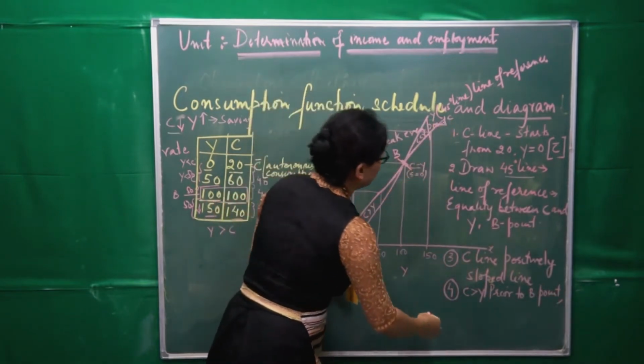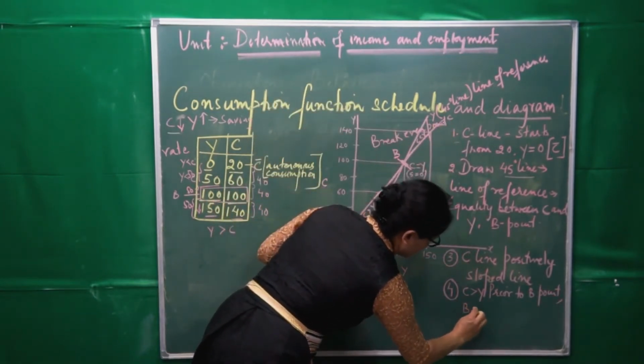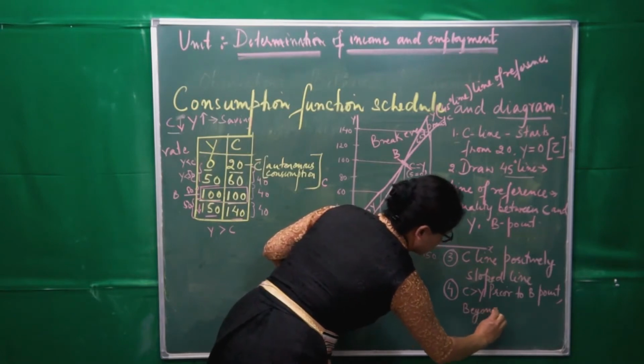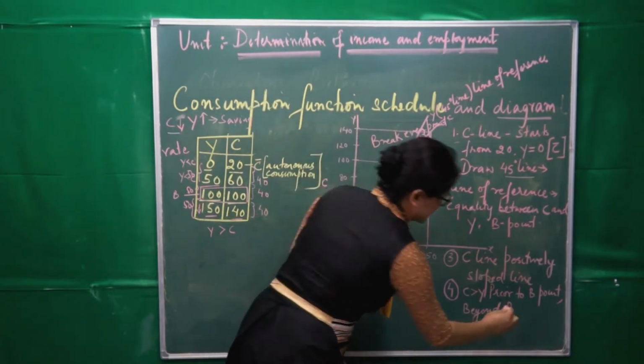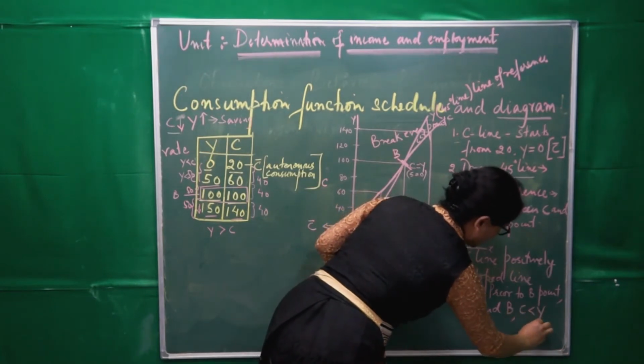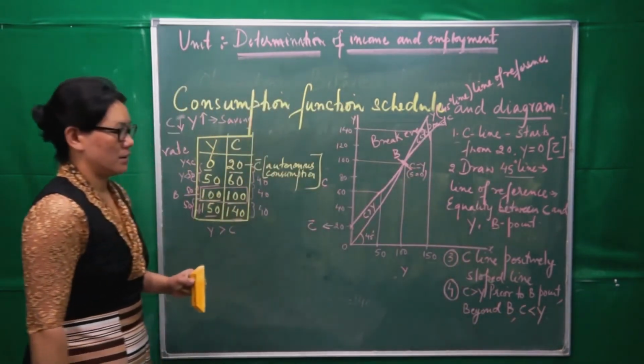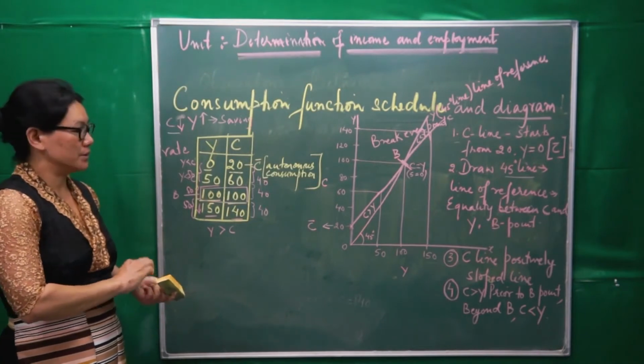Then, beyond the B point, what is happening? C will be lesser than Y. Clear? Okay.